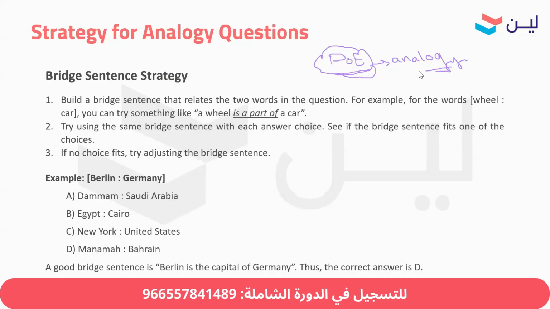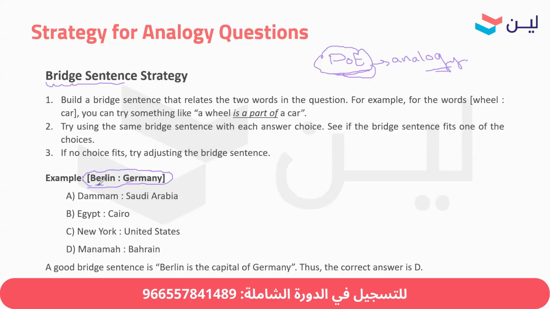But before that, we need to build what we call a bridge sentence. This bridge sentence will help me to read the analogy. The way you read it is Berlin is to Germany. Now, there is another way to write this as a bridge sentence. Can you write a sentence in the chat box now describing this relation?